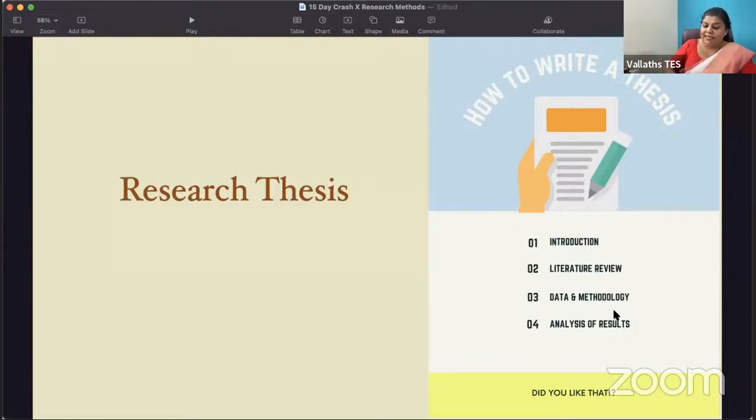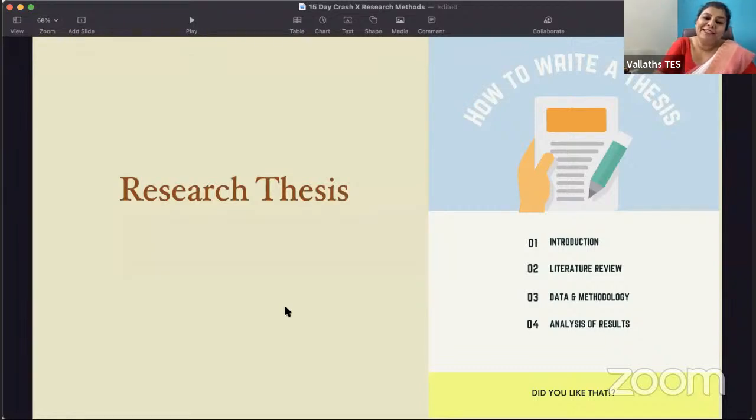You have to present your data, you have to present your methodology, and then analyze results. What results should you analyze? That will be the conclusion.